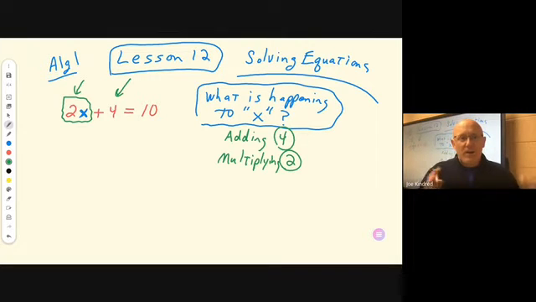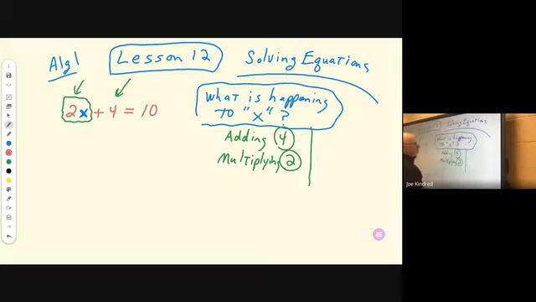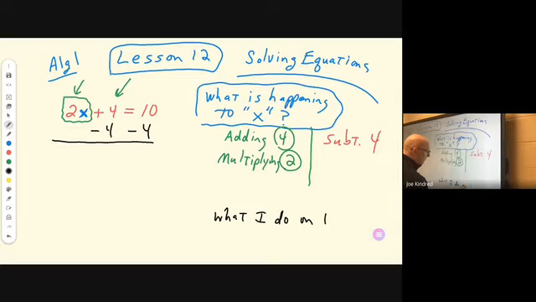Well, let's start with the addition of 4. We then look to say, what's the opposite of adding 4? Well, the opposite is to subtract 4. And so that's what I'm going to do first. And the other rule is, what I do on one side, I must do on the other.